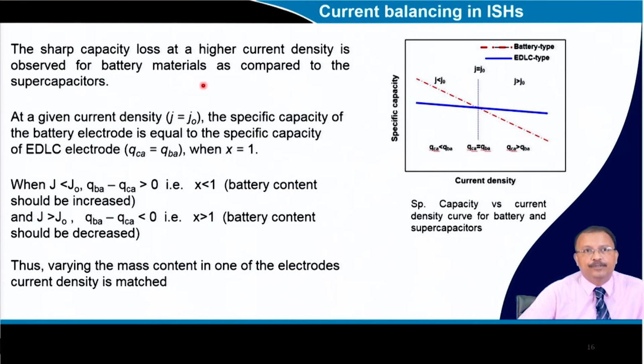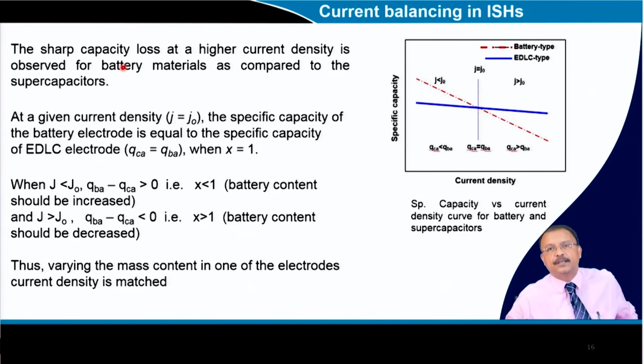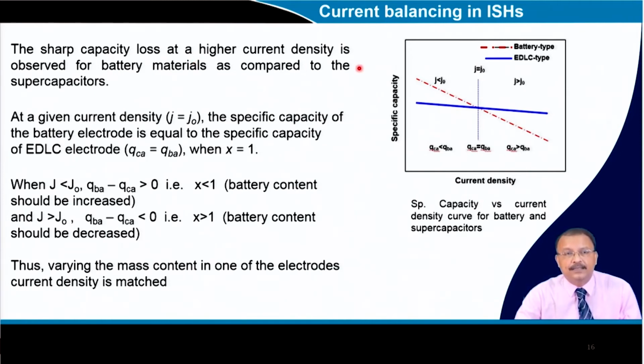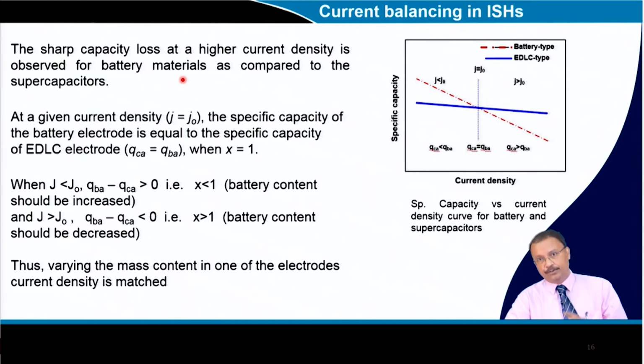Now, from your common perception, in the case of a battery, when you charge or discharge it at a very high current, its capacity drops down. So, the sharp capacity loss at higher current density is usually observed in a battery material as compared to the supercapacitor material.